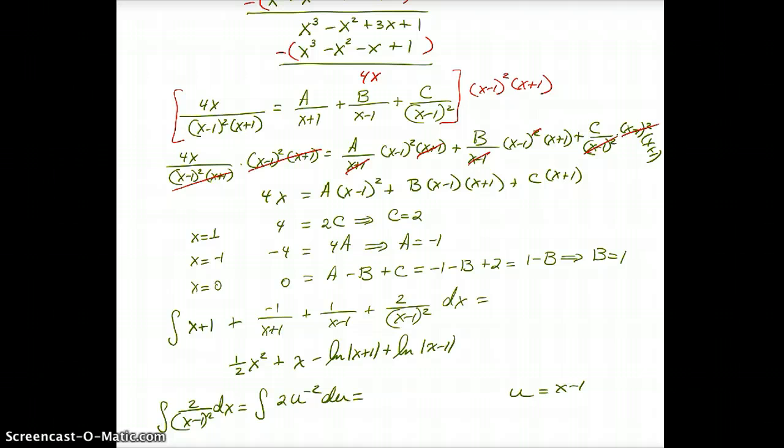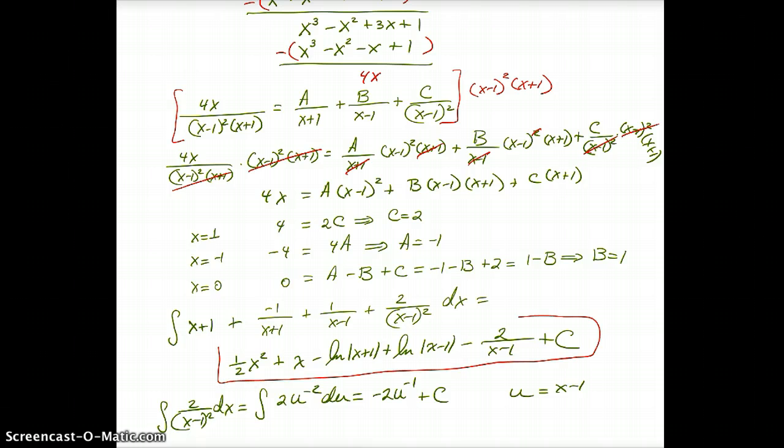And so that's just our power rule, so it's minus 2u to the minus 1, plus c. So this is going to be minus 2 over x minus 1, plus c, and that would be our final answer.